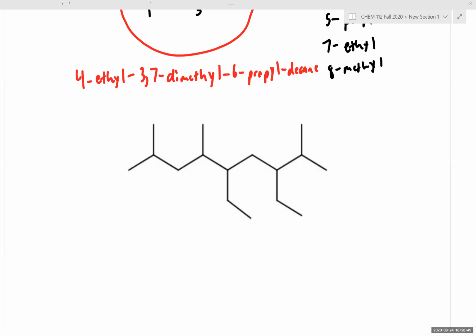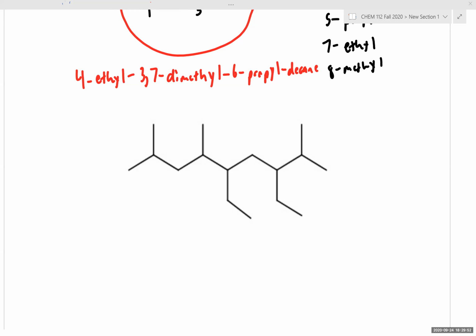Let's keep working on this example for about another minute, and let's try to get a few more proposed names for this compound in the chat or verbally. Okay, so we see some reasonable responses in the chat.